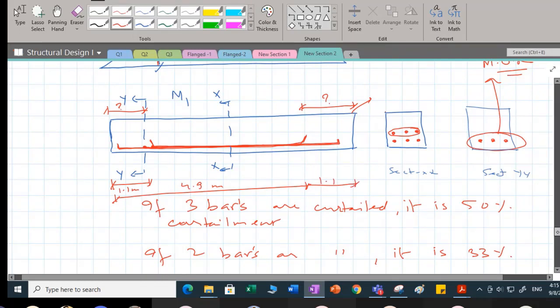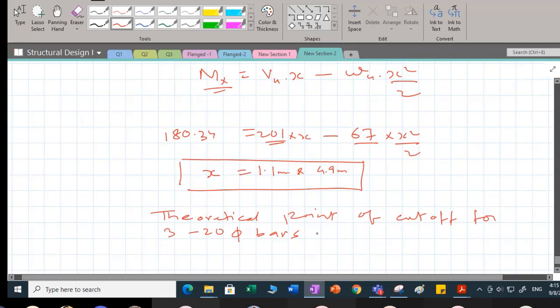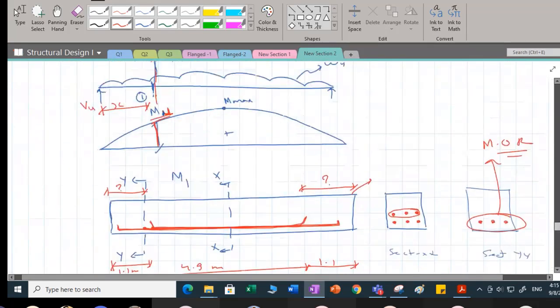Is it not? So I can write this as theoretical point of cutoff for 3 number of 20 dia bar is 1.1 meter from either support.